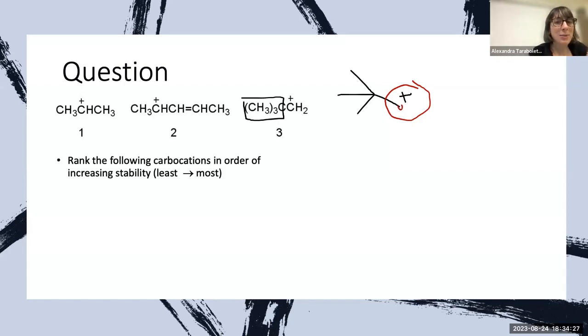Now, if the positive charge was here, it would be tertiary, but it's not there. It's on the one on the end. So it was tricky, and why I think it was good to draw it out in that scenario. Because if you saw that quickly, you might be like, oh, there's three methyl groups right next to it.